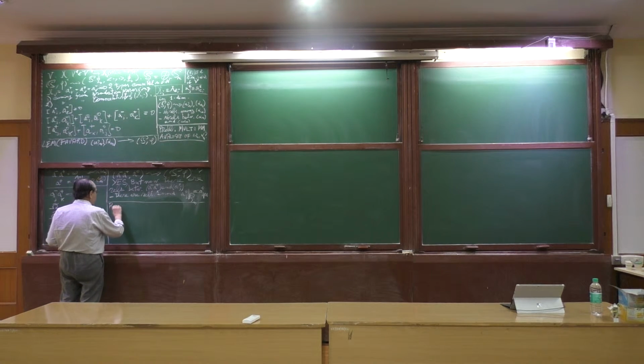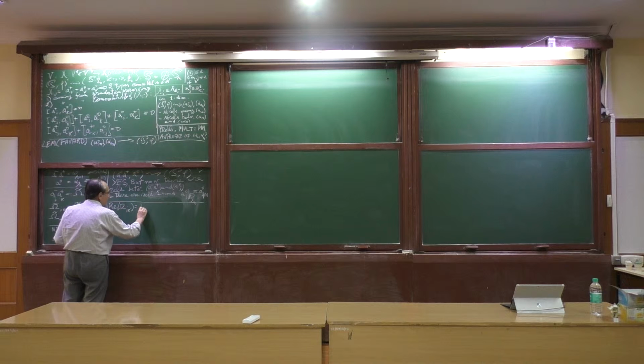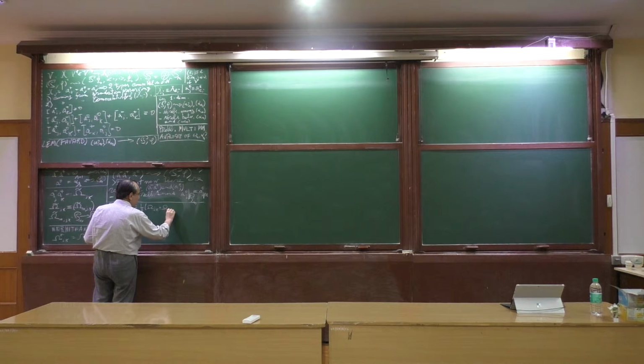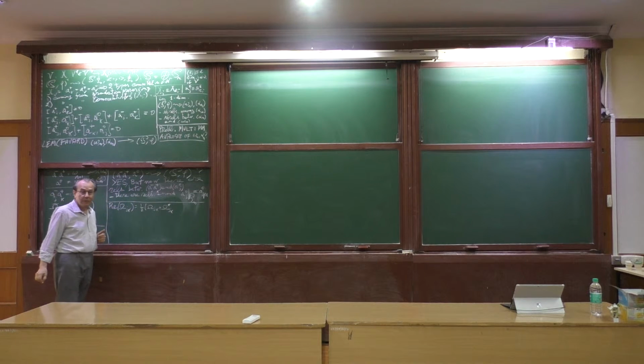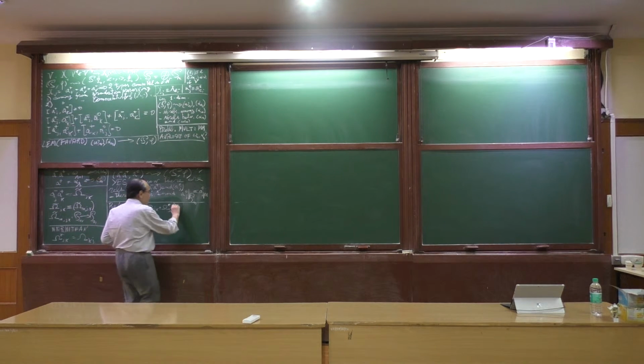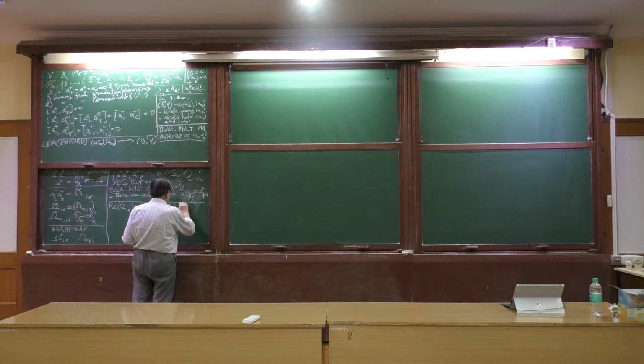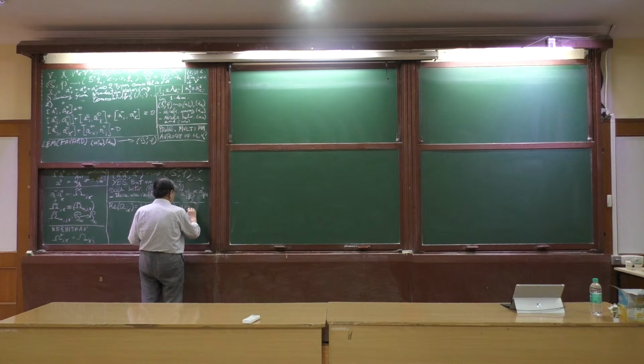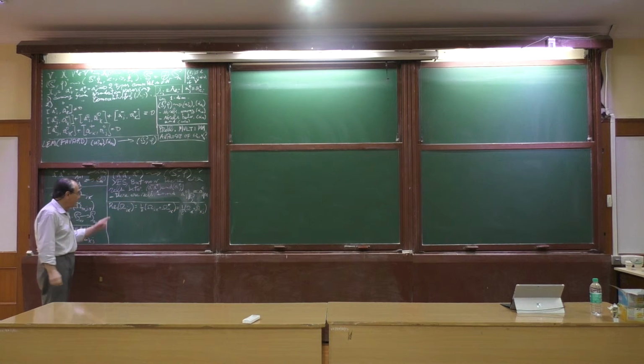So the real part of omega jk will be 1/2 of omega jk plus omega jk star. But due to the Hermitianity, this is equal to 1/2 of omega jk plus omega kj. And this is symmetric in j and k.